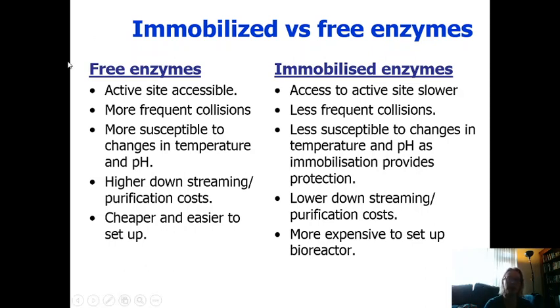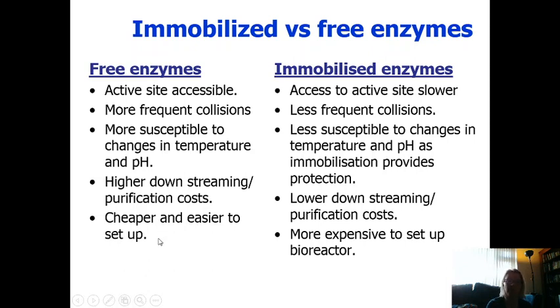Free enzymes are more susceptible to changes in temperature. So that's one of the advantages of the immobilized enzyme, because they're less susceptible to change, because the immobilization process provides protection. With free enzymes, though, you have much higher downstream costs because you need to remove the enzyme from the product, whereas with the immobilized enzymes, the enzymes are fixed in place, so you don't have to pay as much for purification of that product.